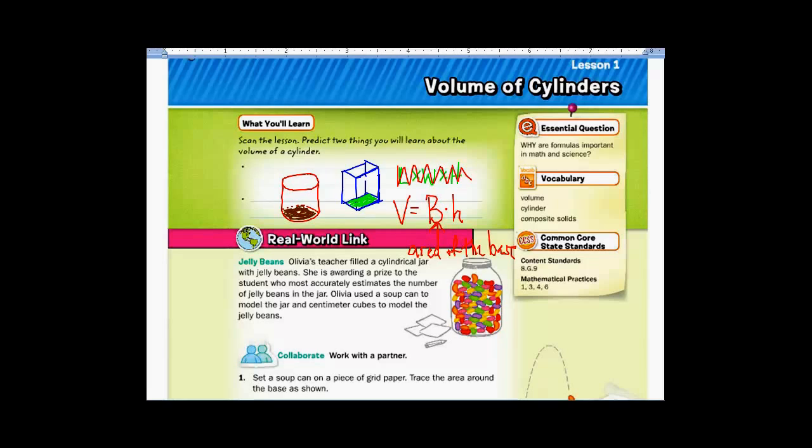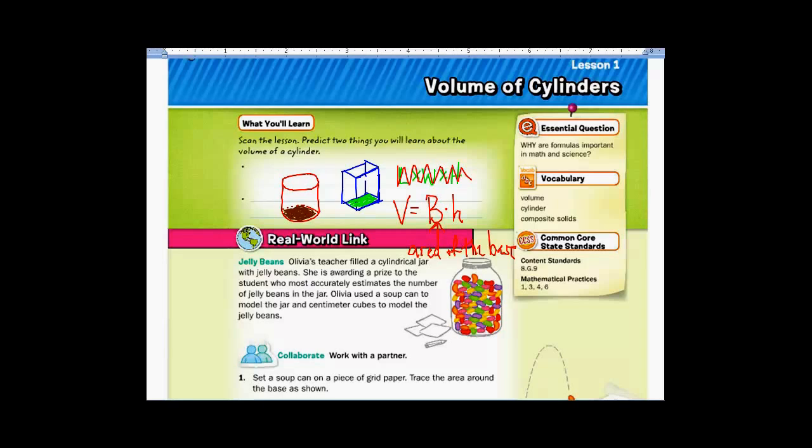So two parallel bases, top and bottom. It's area of the base times the height. So this would work for this one, right? If this is a cube, you take the area of the square at the bottom, which is length times width, and take it times the height. So that works. It's the same one that we've had, area of the base times the height. But it also now takes into consideration the fact that you may have a circle as a base and not just a square or a rectangle.